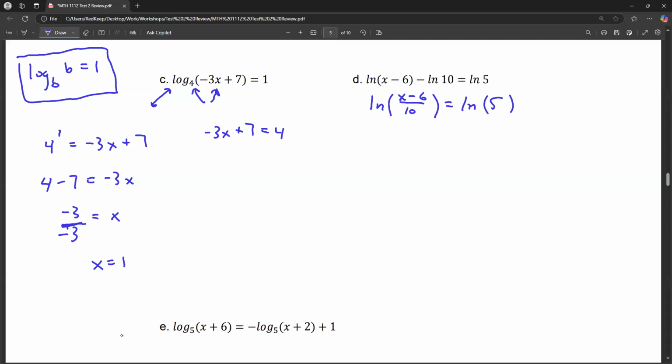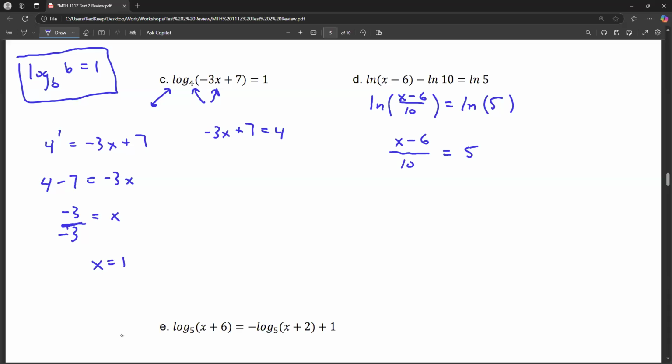Okay, so if this were true, the natural log of x minus 6 over 10 is equal to the natural log of 5. I don't think it's too far-fetched to observe that the arguments of these natural logs must be equal, otherwise they wouldn't be equal overall. Great, now we've gotten to a place where there are no natural logs at all.